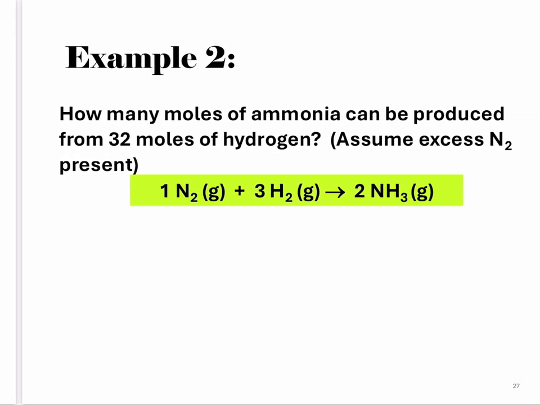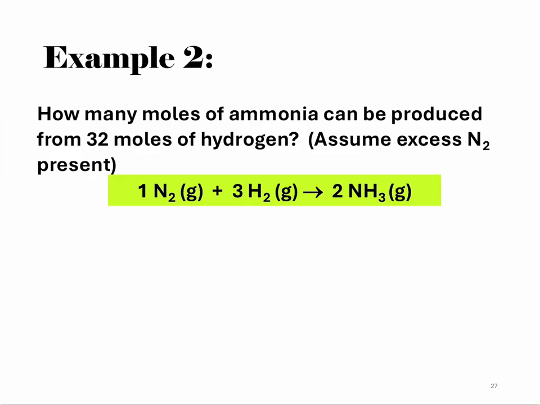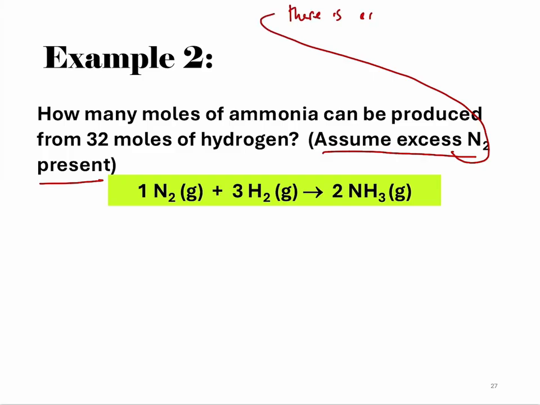So here's another way that this can be expressed. How many moles of ammonia can be produced from 32 moles of hydrogen, right? Assume excess nitrogen. The only thing that's changed here is that "assume excess nitrogen" means there is enough nitrogen to not worry about it.